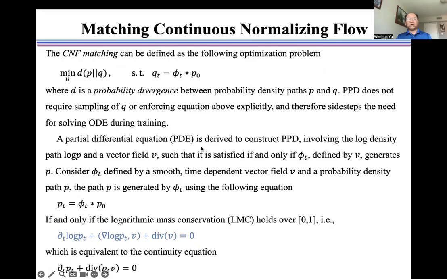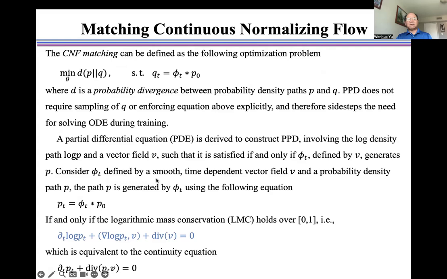A partial differential equation is derived to construct a PPD involving a log density path and vector field V, such that it is satisfied if and only if phi t defined by V generates P.